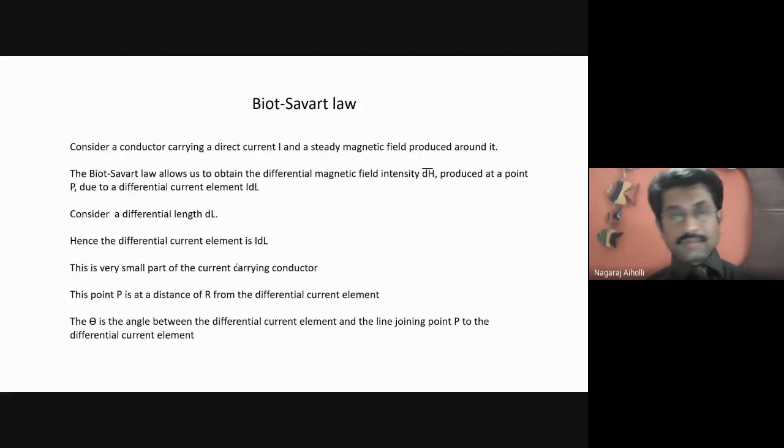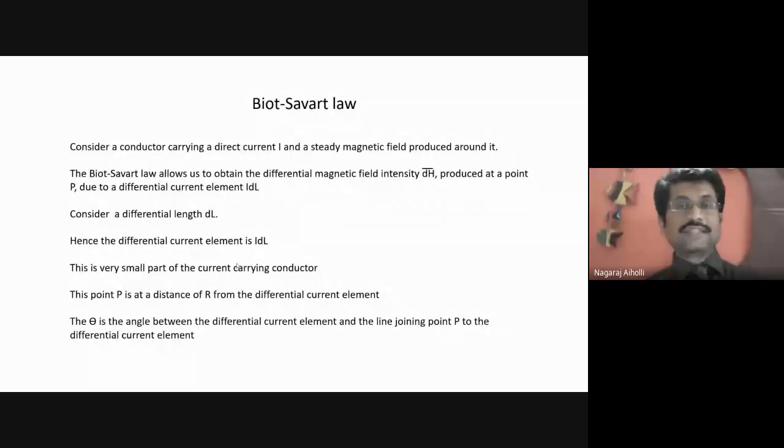Next is one of the important questions. Consider a conductor carrying a direct current I and a steady magnetic field produced around it. The DC current is constant, yes or no?